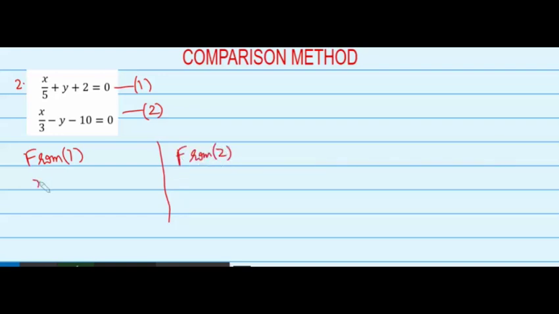First equation is x over 5 plus y plus 2 equal to 0. Shifting these two terms to the other side, y will become negative x over 5 negative 2, right? Say this is the third equation.